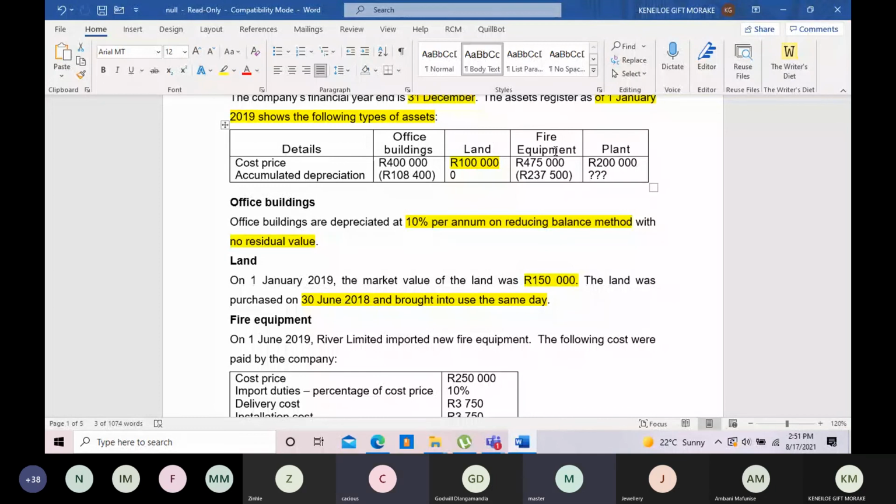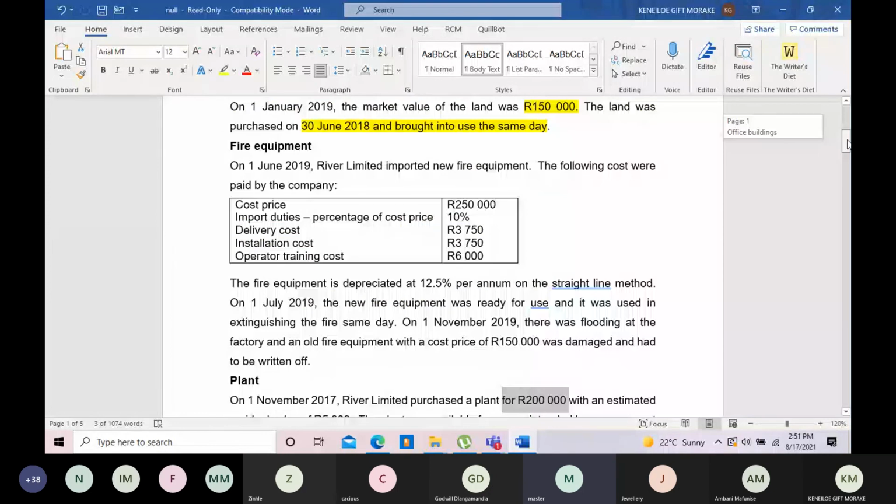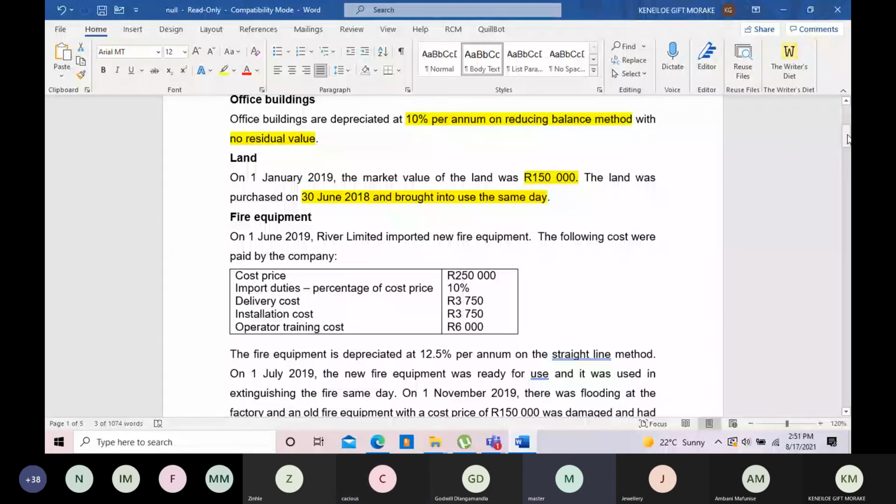75,000 multiplied by how much? How much is the percentage? 12.5%. 12.5 percent. You get how much? You get 59,375, right? Yes. So after getting that amount, you already have the accumulated depreciation above here. You have the 237,500, right? Yes.